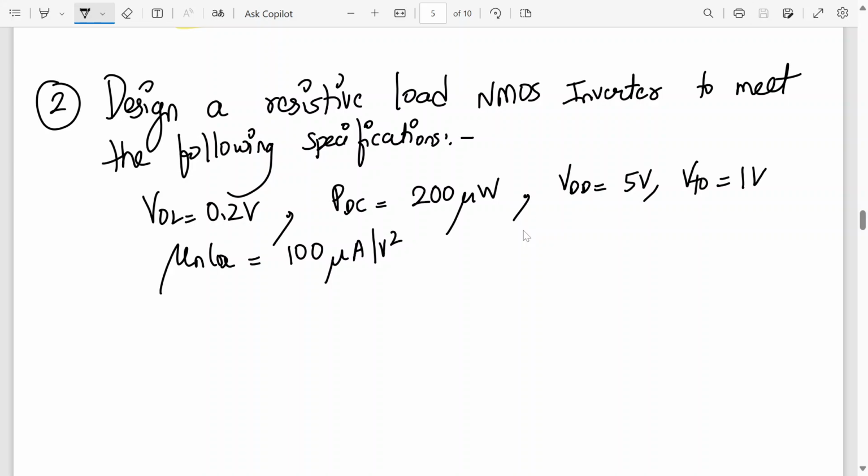So we have to design the resistive load NMOS inverter following these parameters.